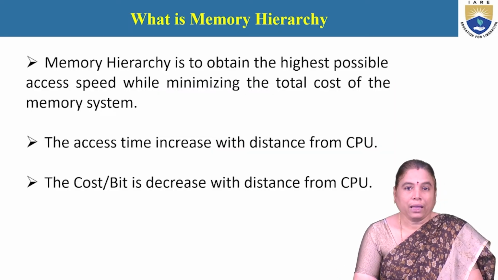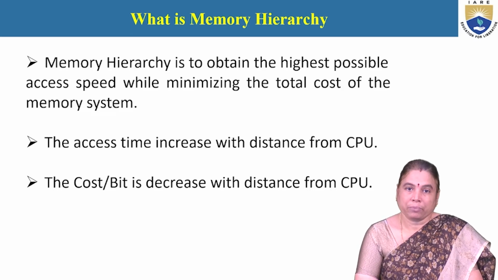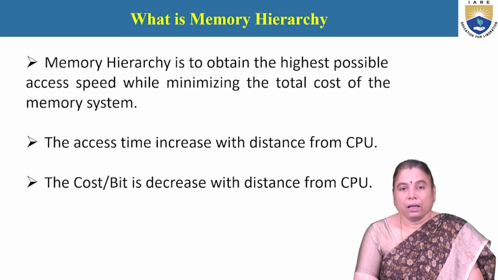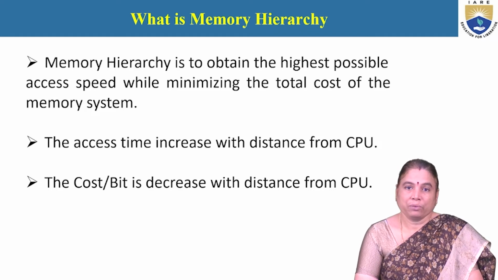What is memory hierarchy? In the memory, a variety of storage elements or components are available: the registers, cache memory, primary memory, and secondary memory. The hierarchy is in order of access time, based on how far the location is from the CPU.